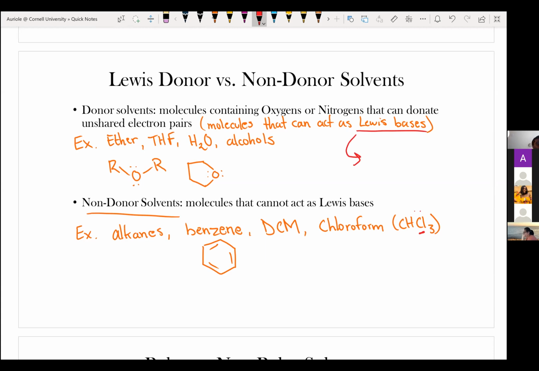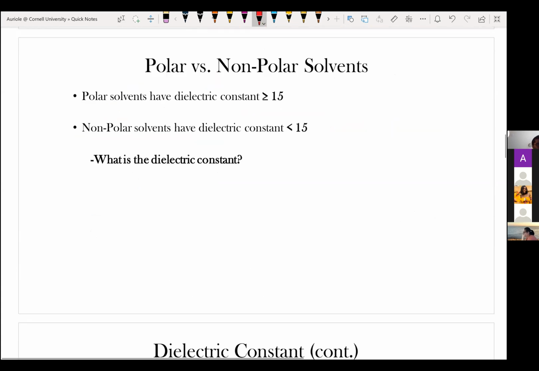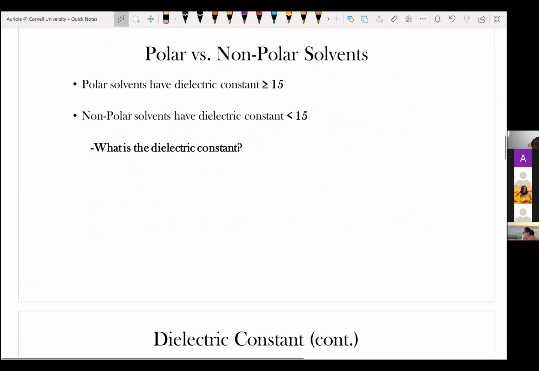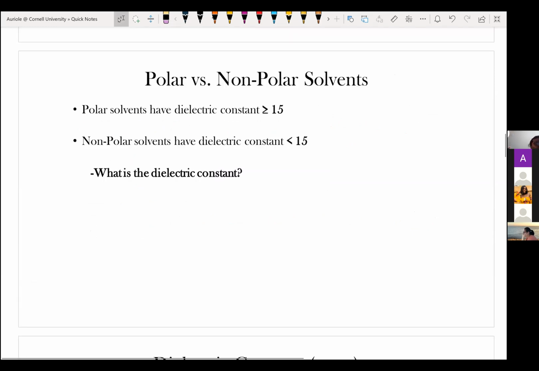Okay, and then our final class of solvents are going to be our polar versus non-polar solvents.